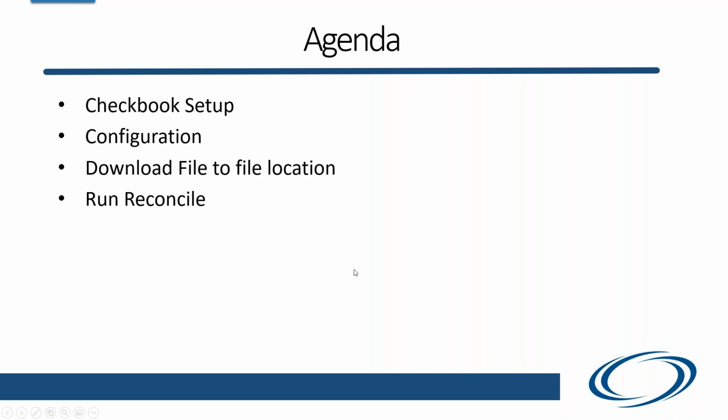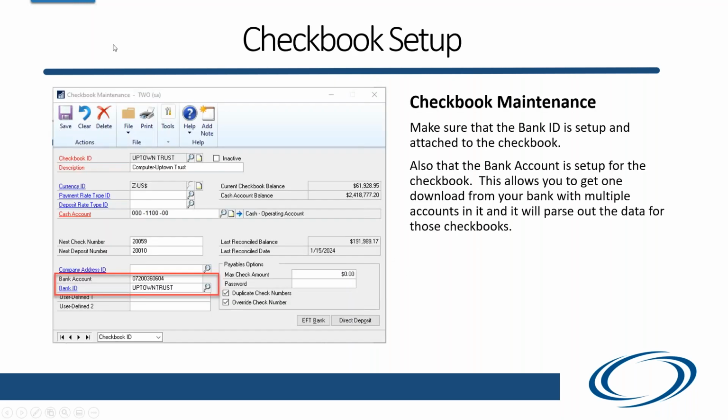So going through that, the checkbook setup has 2 pieces that electronic bank rec wants. It wants the bank account number and it wants the bank ID.